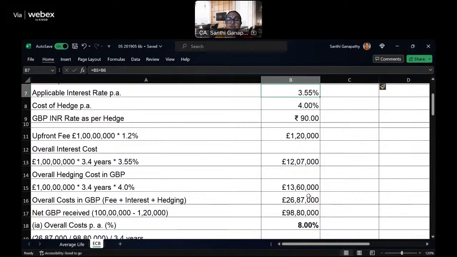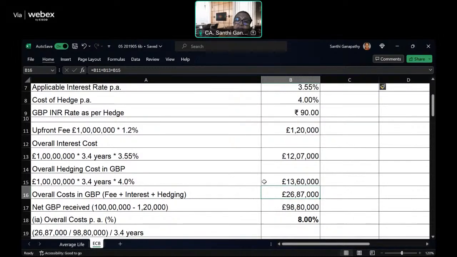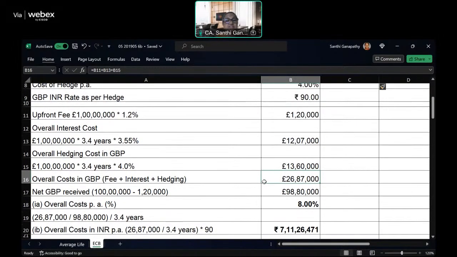So overall cost, how much? 2687. How much have you received? Though it is 10 million, upfront fee 1,20,000 is gone. Therefore, you got only 9880. This is like net proceeds. Whenever we find cost of capital, we used to divide by net proceeds.